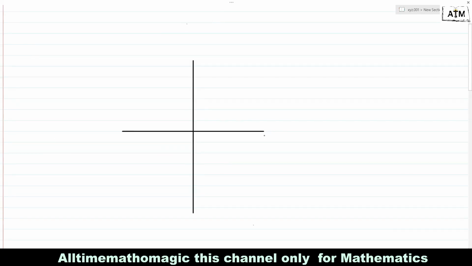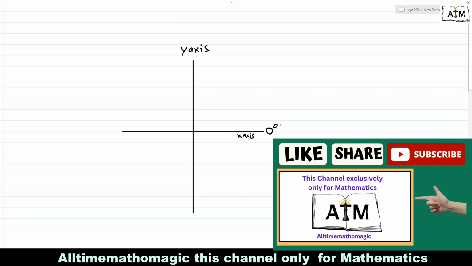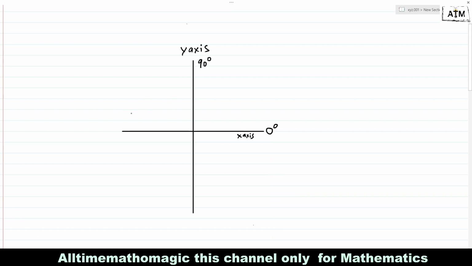Here is the x-axis and y-axis. Let us move in the positive direction from 0 degrees to 90 degrees, and in the second quadrant the angles are 90 degrees to 180 degrees.